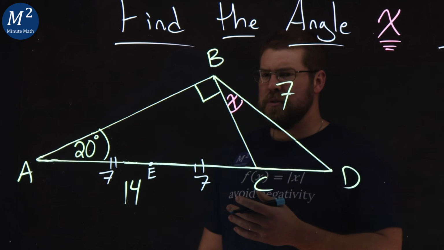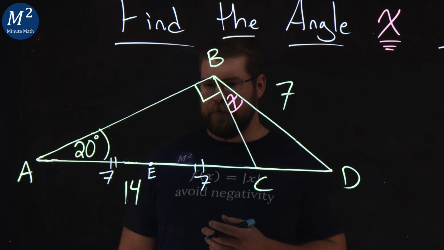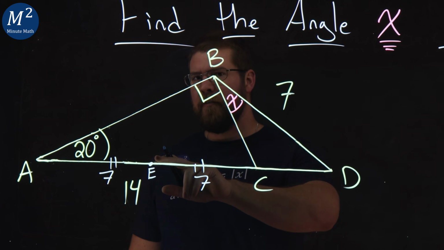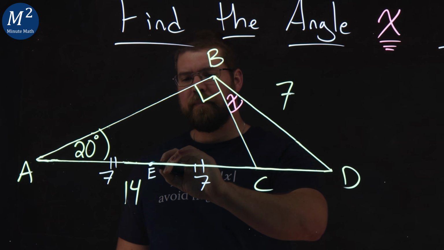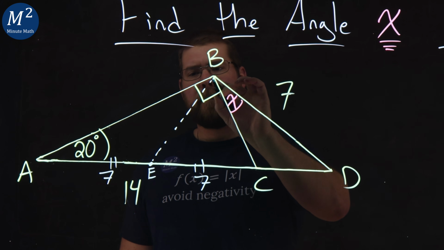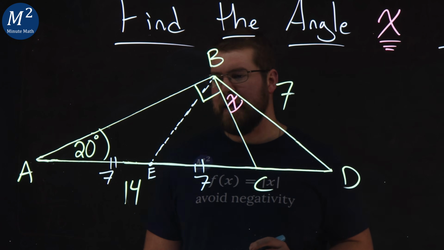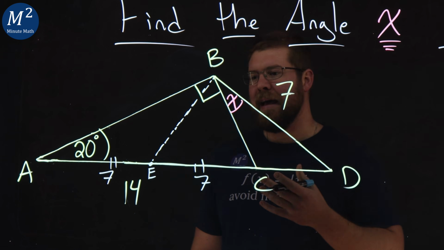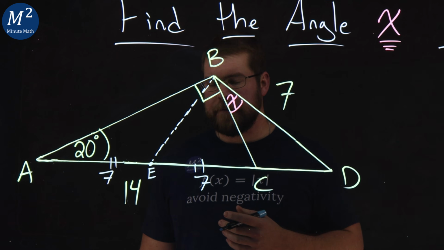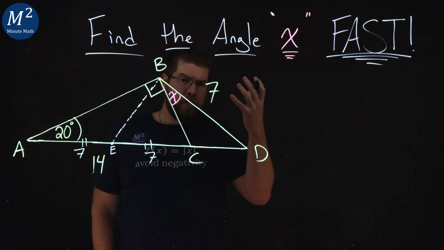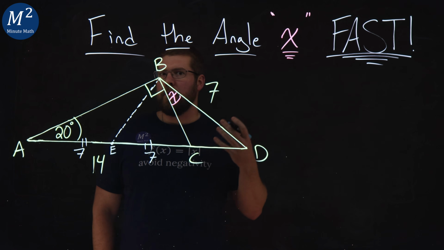Well, now, what can I do with this information? Well, I can connect a line from E to B. Right here. Connect a line from E to B. But I wish I knew what that length was. Now, we're going to draw some information, and what do we remember about rectangles?